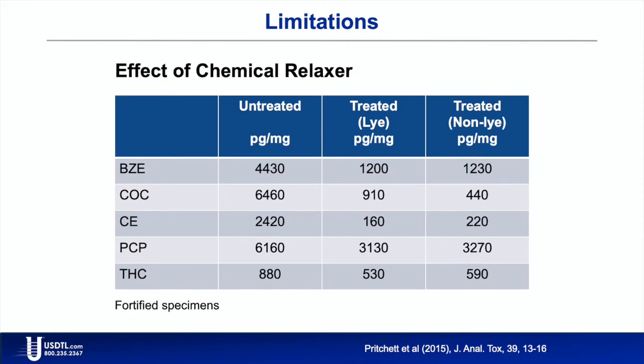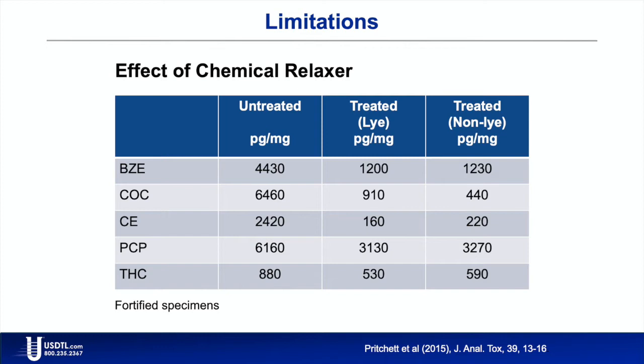First, I did not realize that chemical relaxers or hair straightening or processing hair came in two types. There's one that contains lye and one that does not contain lye. And so she presented information using cocaine, PCP, and marijuana with fortified samples, and she showed the results of treated hair versus non-treated hair.